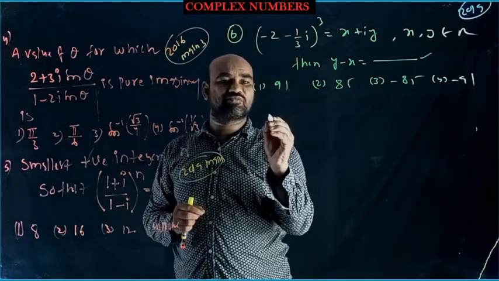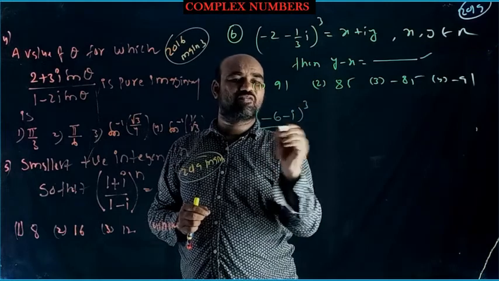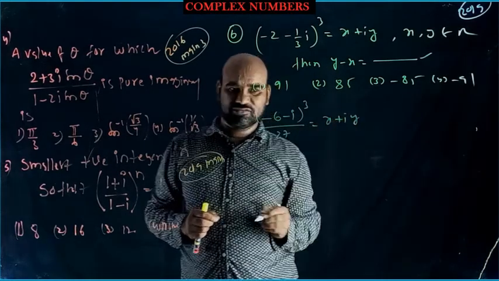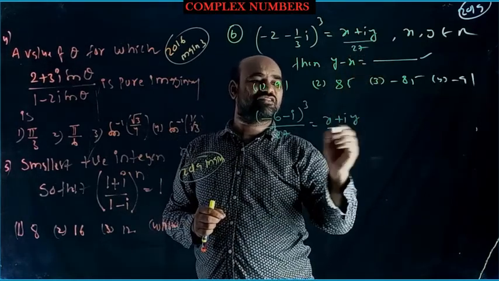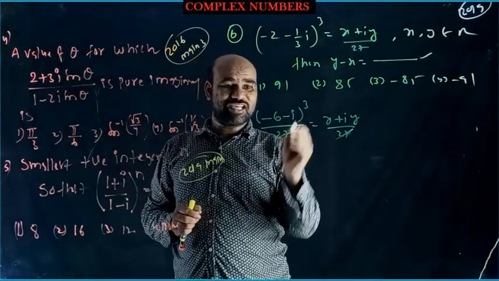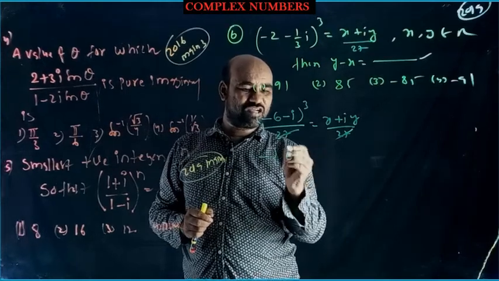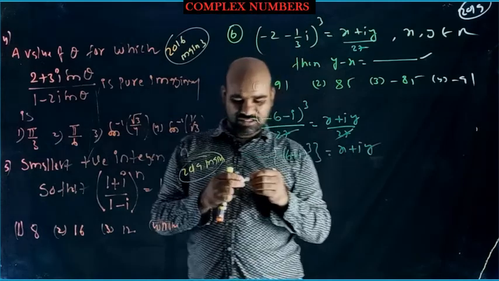So I am simplifying, observe here: minus 6 minus iota, whole cube, by 27, equals x plus iota y. I think 27 is also given here, okay, 27 here also, so we get the answer. Now I want to expand this: minus 6 plus iota, whole cube, equals x plus iota y.